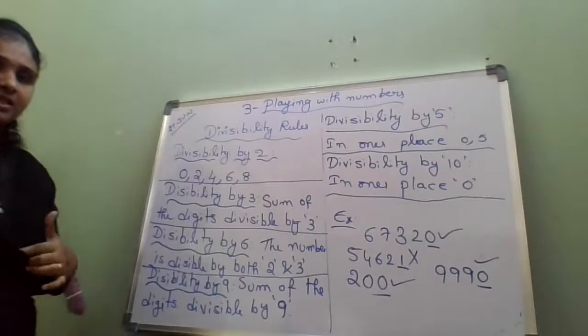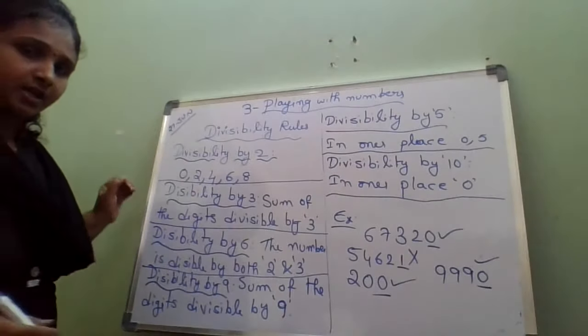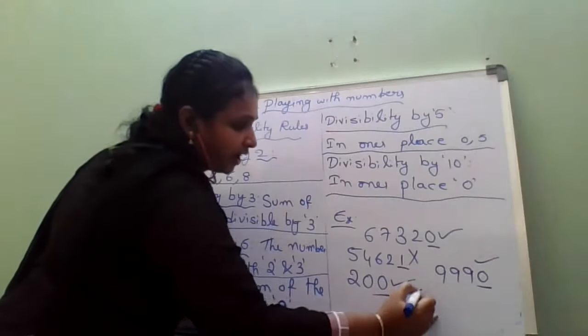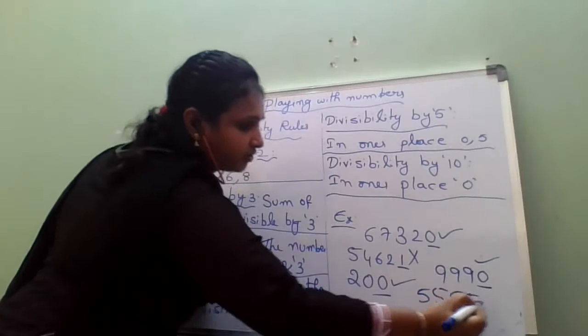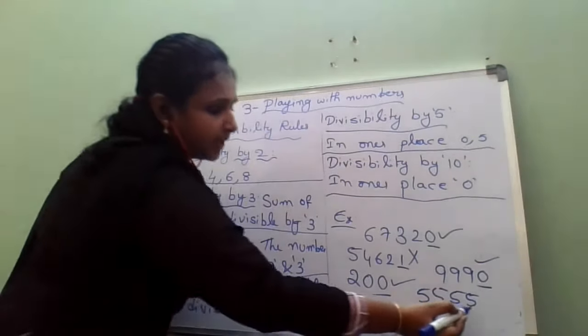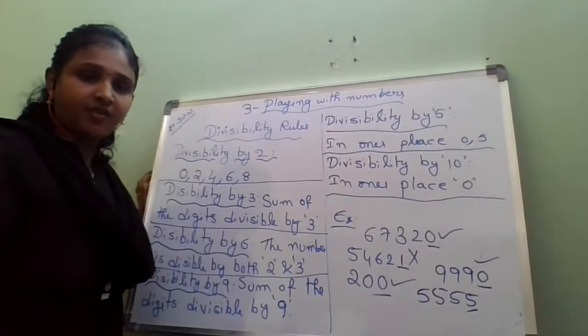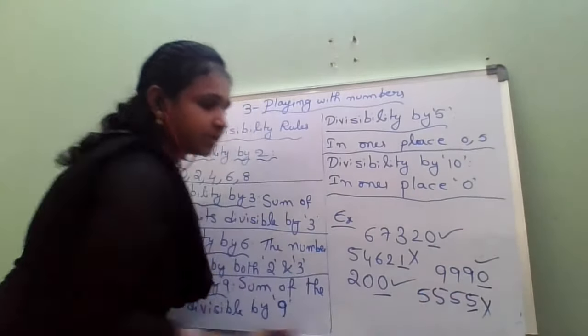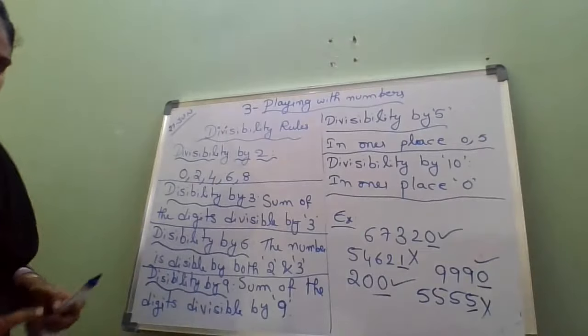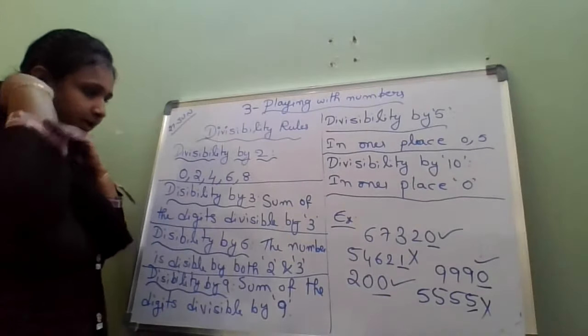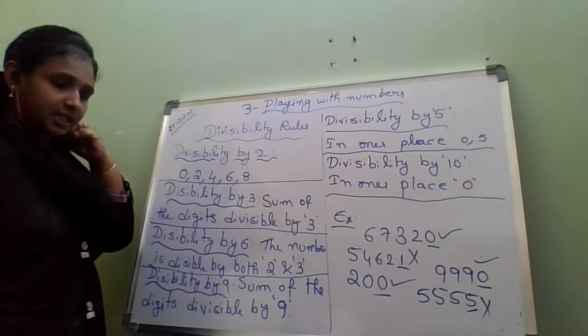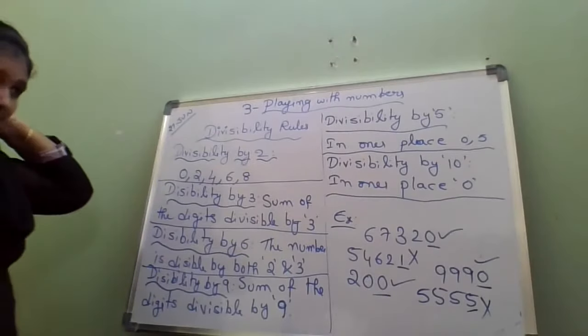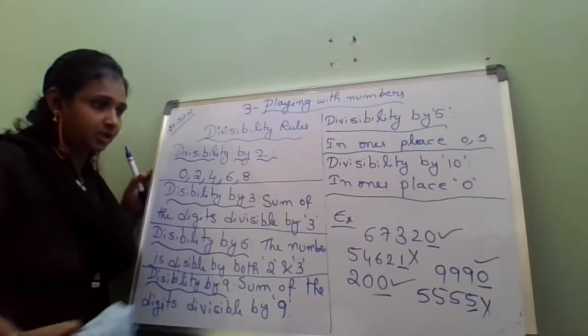In the ones place 0 is there. 5555, in the ones place the digit is 5, so this number is not divisible by 10. Okay, so these are some number properties of divisibility.